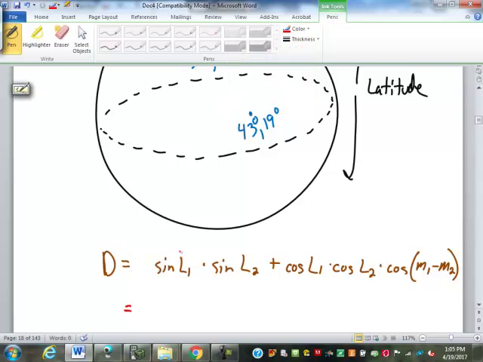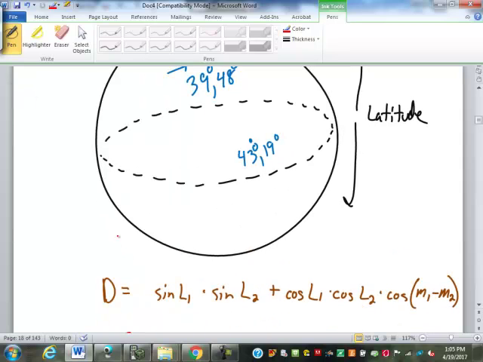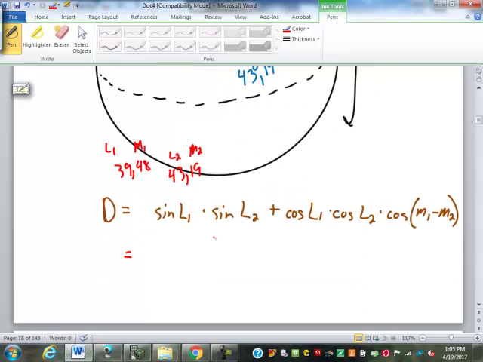I'll show you how that'll help us out a little bit. So L1 we said was, let's just write them here, 39 48 and 43 19. So this is L1, L2, M1, M2 here. So sine of 39 times sine of 43 plus cosine 39 times cosine 43 times cosine of 48 minus 19.